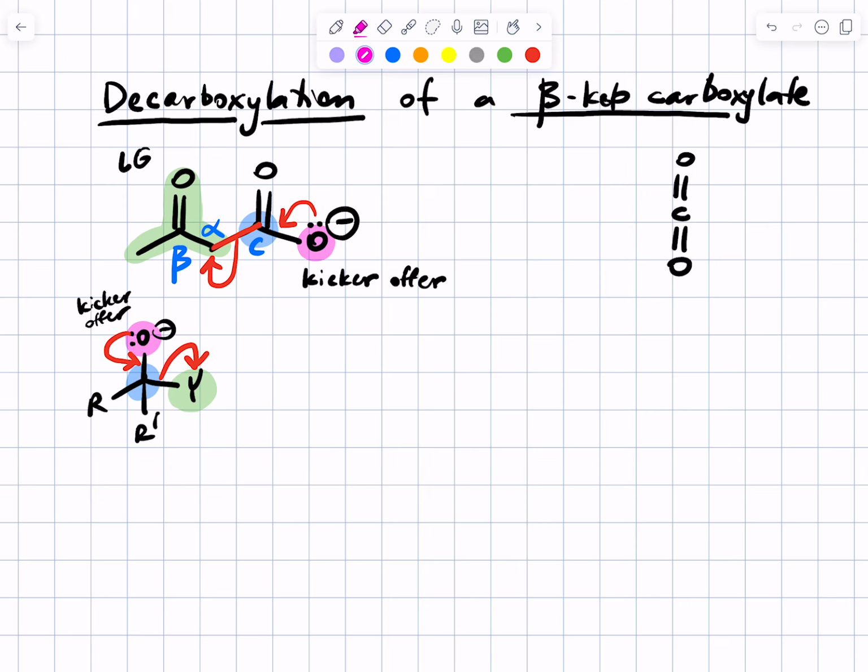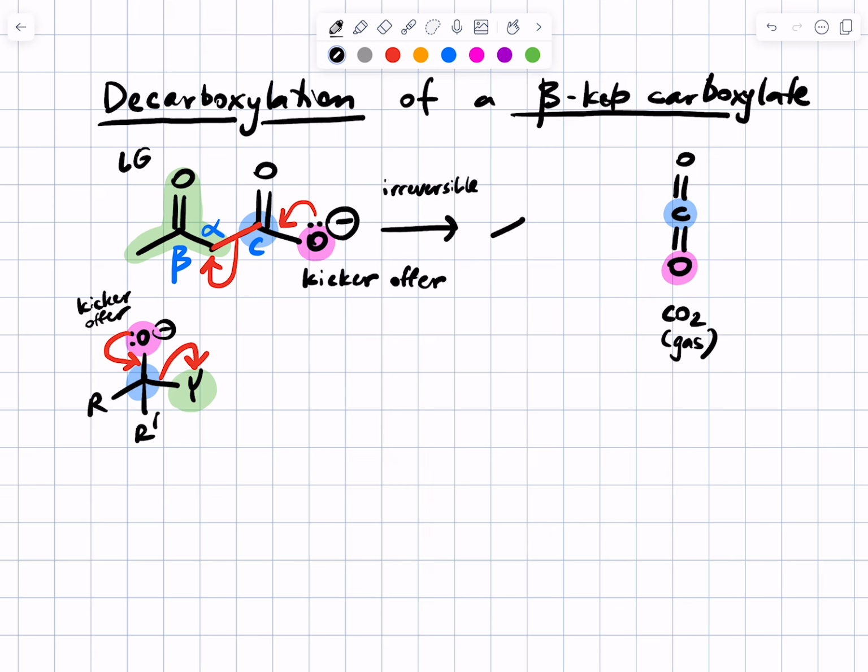It's now one of the oxygens of carbon dioxide. CO2 is a gas, and gases rapidly bubble off away from the leaving group. And so this reaction does not go backwards, it is irreversible.